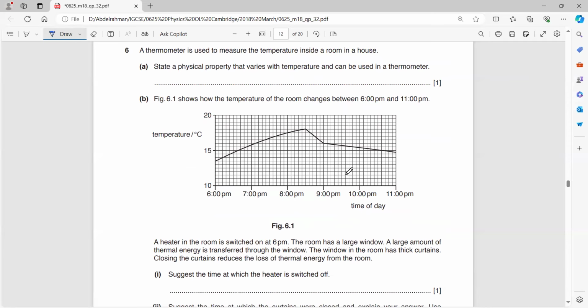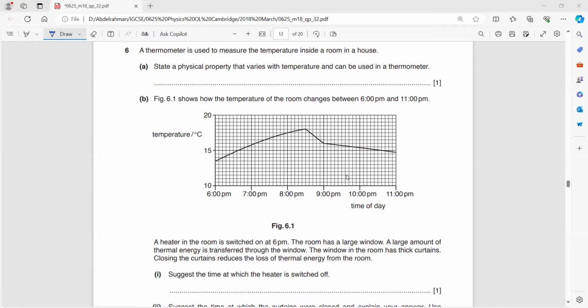Okay, thermometers, I know thermometers were cancelled, but state a physical property that varies with the temperature that could be used in a thermometer. You're actually required to know this part, not due to thermometers. What is it? Thermal expansion.